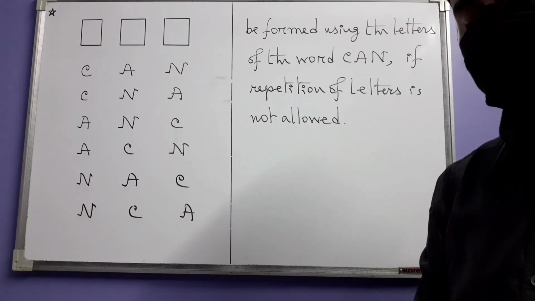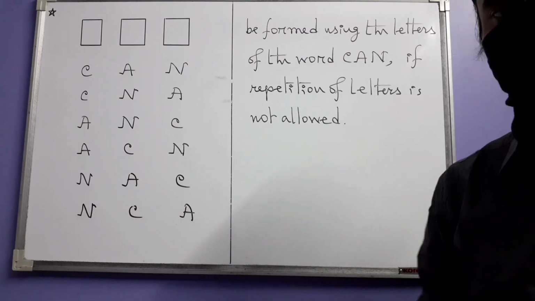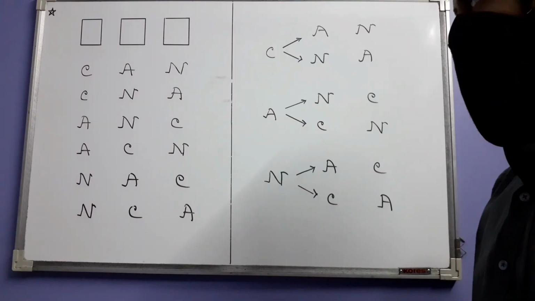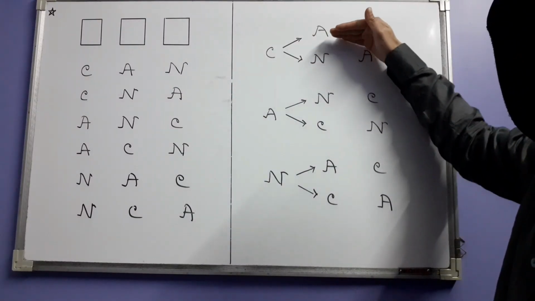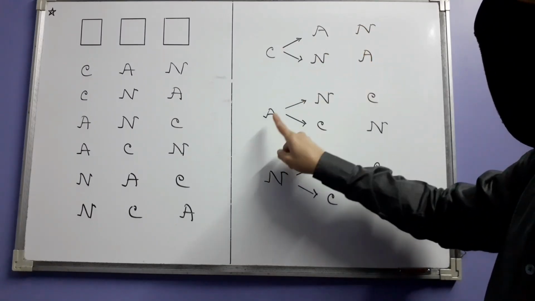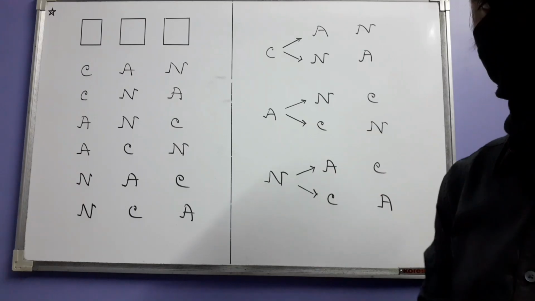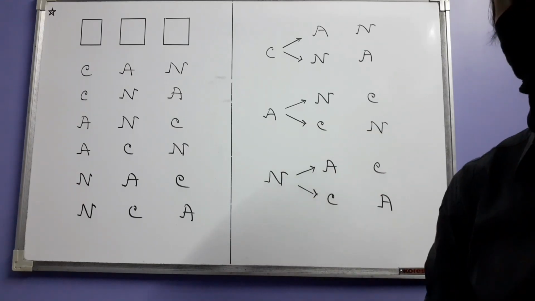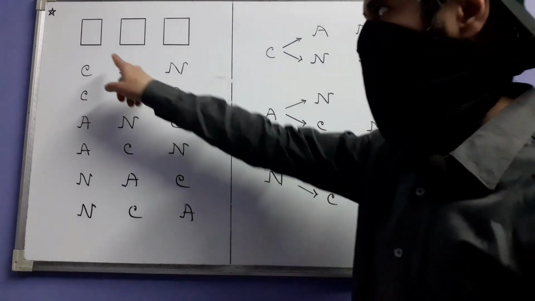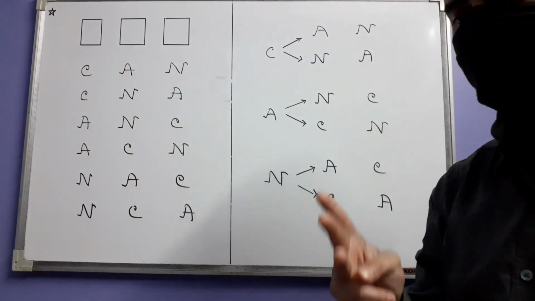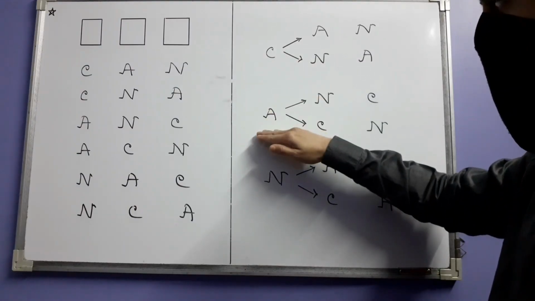Now we have to decipher this 6. Exactly how are we getting 6? We of course see this pattern that for this single C, we have these 2 possibilities. For this A, we have either N and C or C and N, and similarly for N. And because there are 3 letters, the first box can be filled in 3 ways, either like this or this or this.